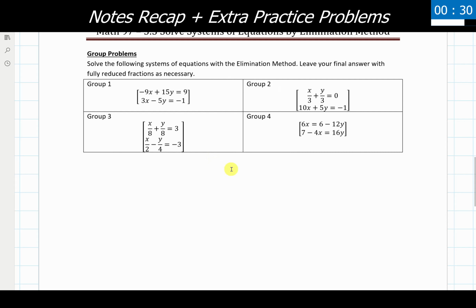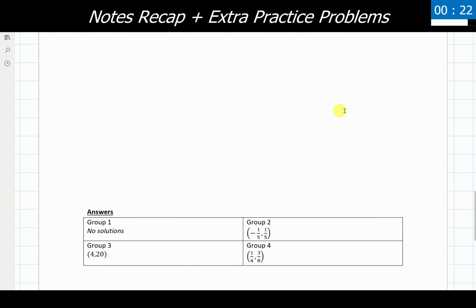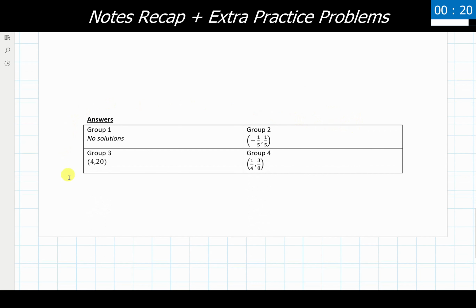I'd recommend pausing the video right now and working through these on your own, because we'll scroll down and give you the answers to these. Hopefully you got the same things here. I did throw in a no solutions one, because again, this is eligible to show up with all systems of equations problems. But that is everything for our elimination method and subsequently all of the algebraic methods that we are learning for solving systems of equations.